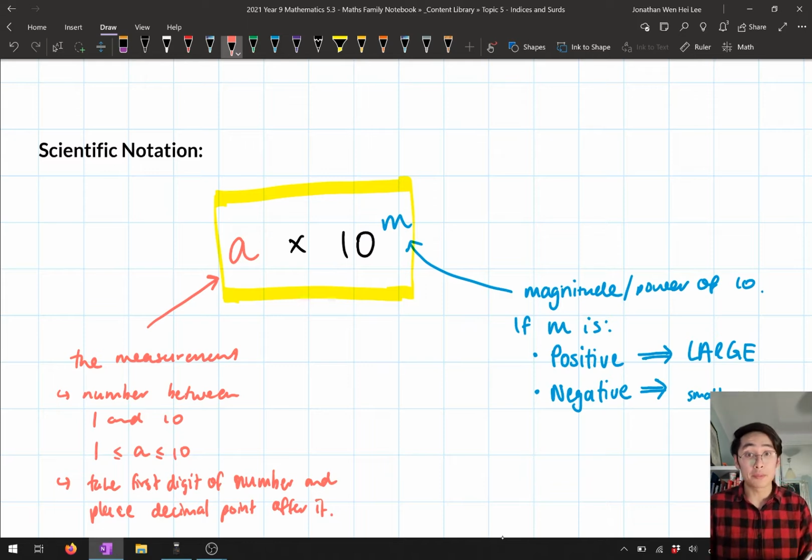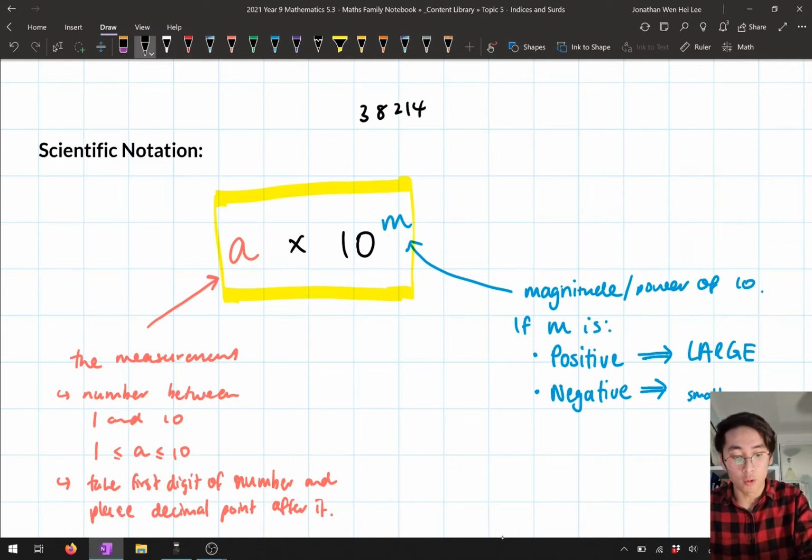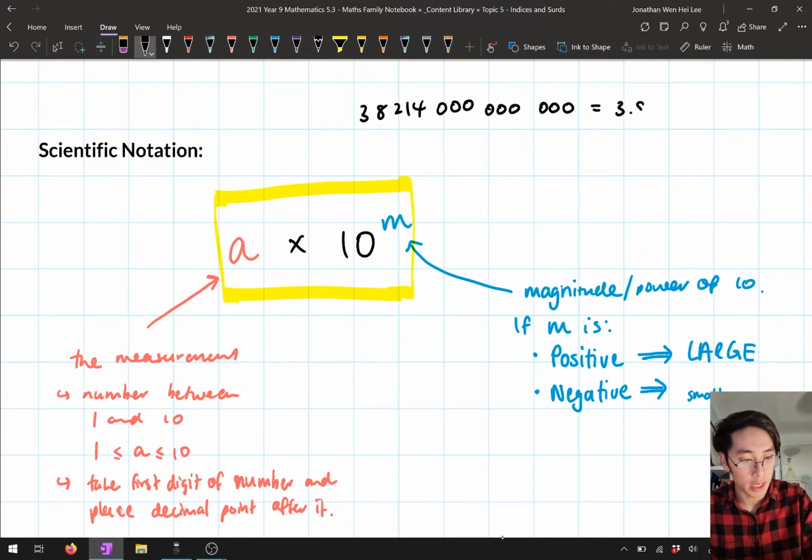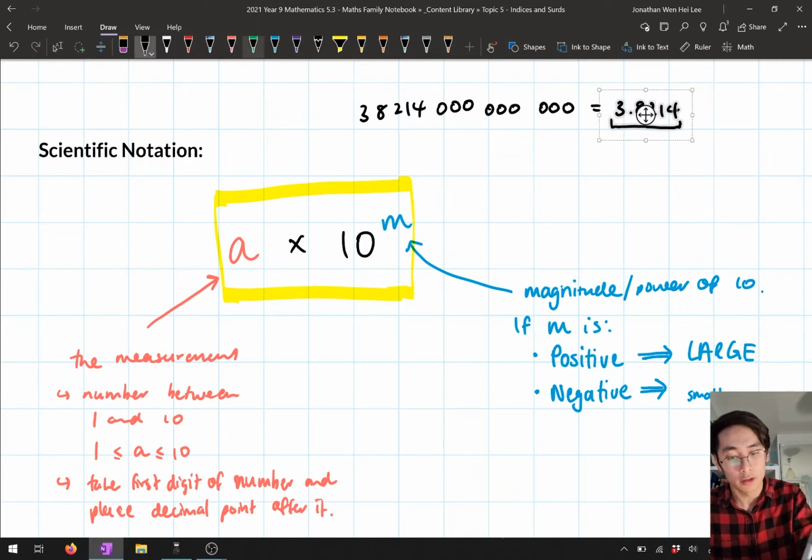Those examples we looked at above, we said that the distance from Earth to the nearest star was 38214,000,000,000,000,000. If we were to write this in scientific notation, I take the first digit, so 3.8214. This number here is my value of a, and it is a number between 1 and 10.